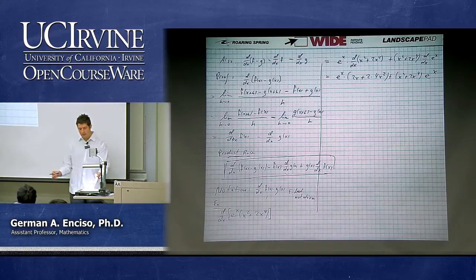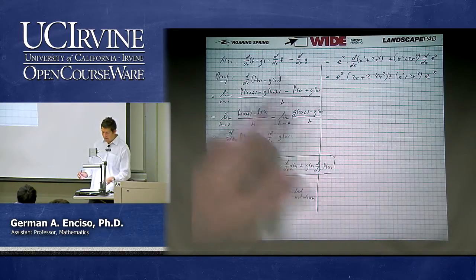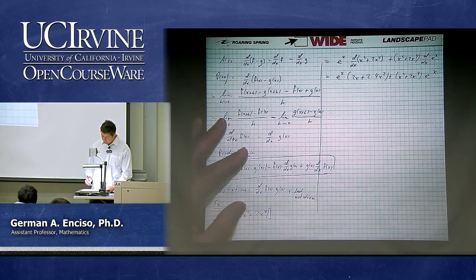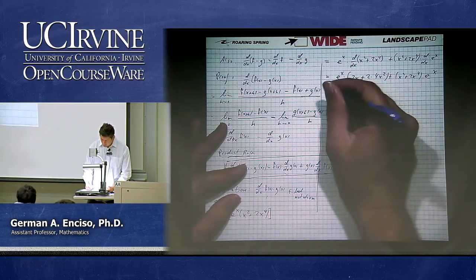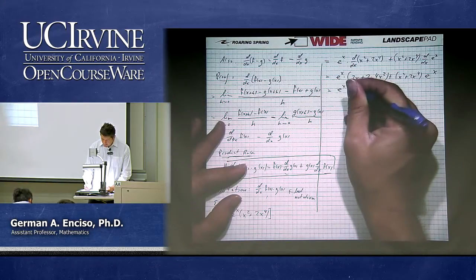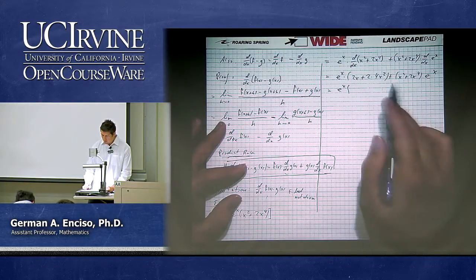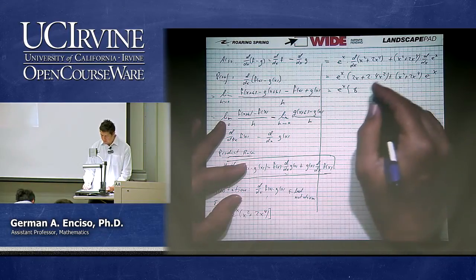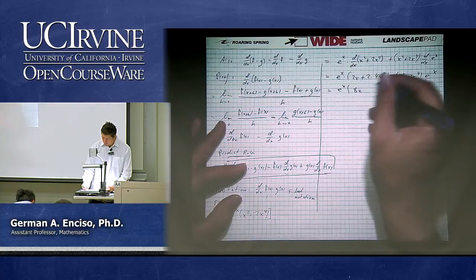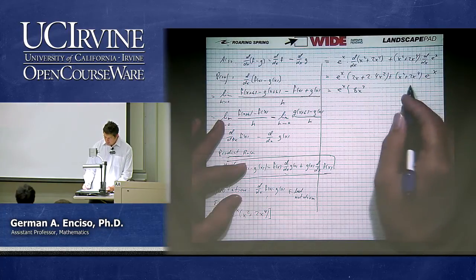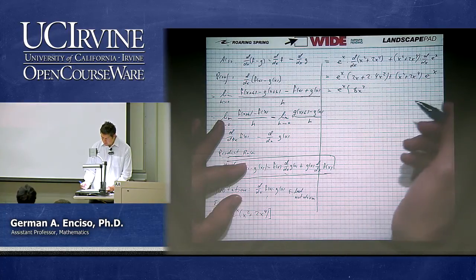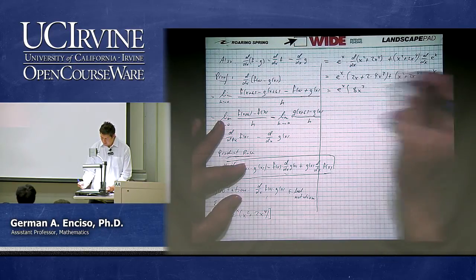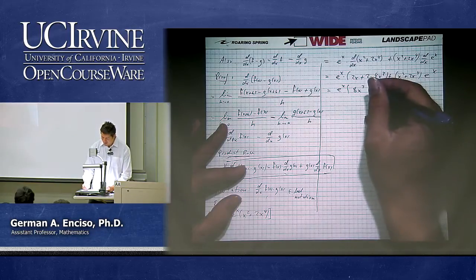I mean, if you want, we can put it all together and write it as e to the x times something. Sure, let's do it. E to the x times, and then we write something like, in decreasing order of power, 8x to the 3. Oh, I'm sorry, let's not do it in decreasing order of power.